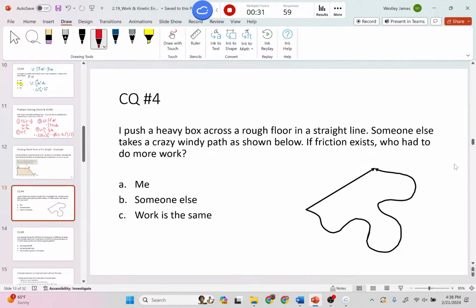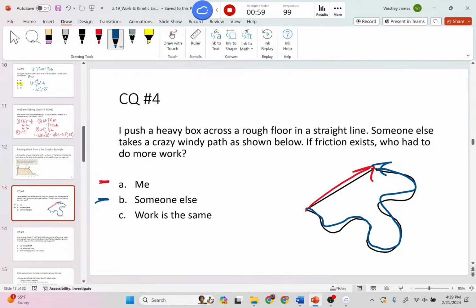So that's me as a straight line. Is that one more work? Someone else? That's the windy path. So the red arrow here, that's me. The blue windy path, that's someone else. And option C is the work is the same. All right, we'll go to 120 on this.